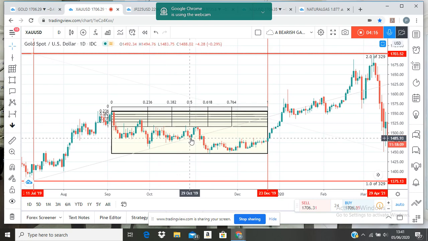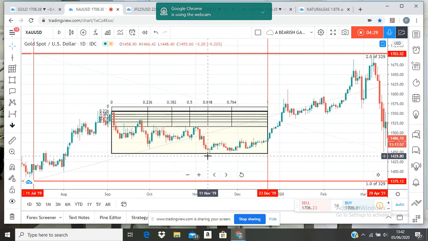This low here occurred on the 0.5 here. Also, this low occurred exactly on the 0.382. And then the completion of this whole range down, we can see was exactly on the 0.618 of that square.